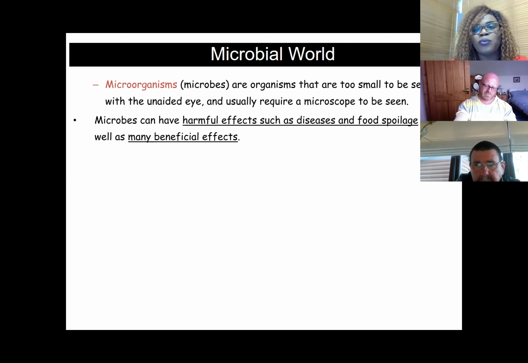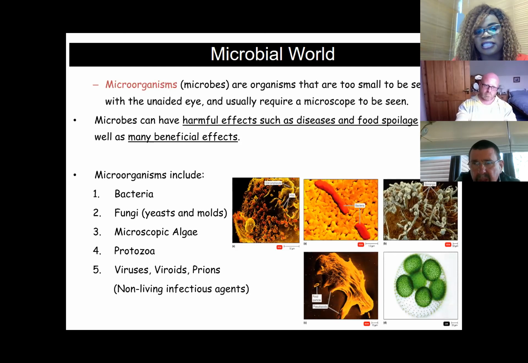The good is that they can be used for production of food, like cheese, wine, and also for medications. But they also can cause diseases. I've covered quite a few foodborne microbial diseases in our lecture. And they're also responsible for food spoilage, and we've done a whole lecture on food spoilage as well. So they have the good, the bad, and the ugly aspect.